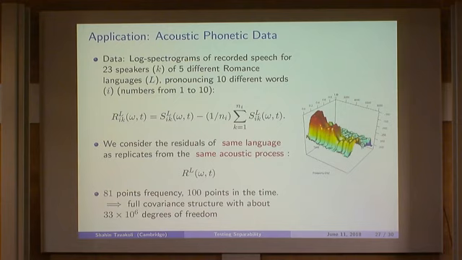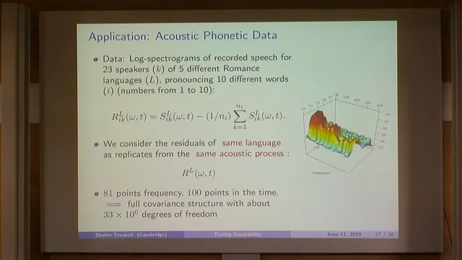What we do is look within one language, and for the same word, at the residual spectrogram. I take the average of all the spectrograms for this language and this word, and I remove this effect from each of the spectrograms, and now I have R_{l,i,k}, k going from 1 to N_i, and these are replicates.